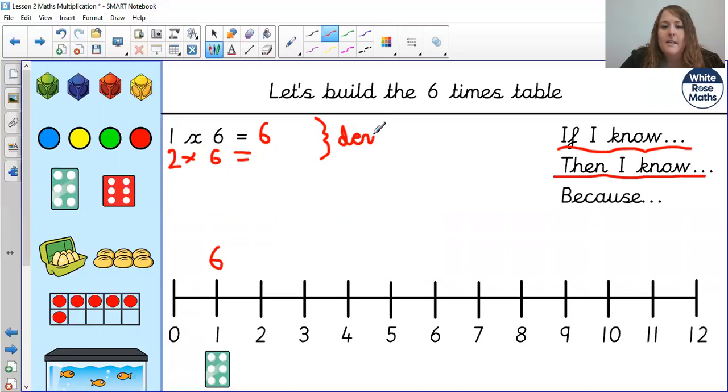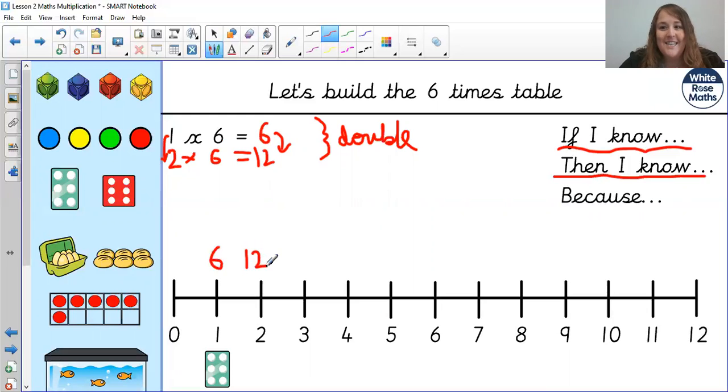We know this because we double. And apologies if that doesn't quite look like an O. So we know we double. So 1 doubled is 2 here on the side, and 6 doubled will give me my answer of 12. So I know that 2 times 6 is 12, and I can build that on the bottom.